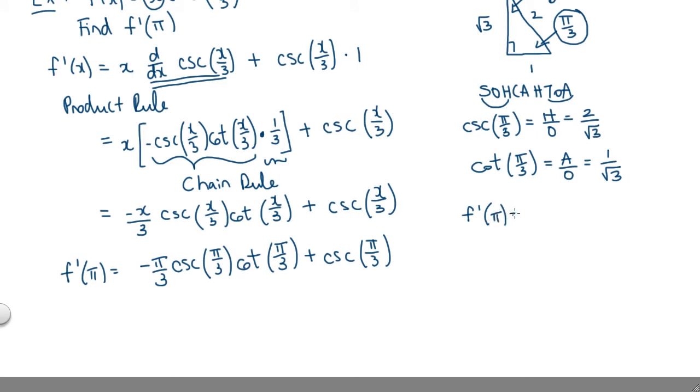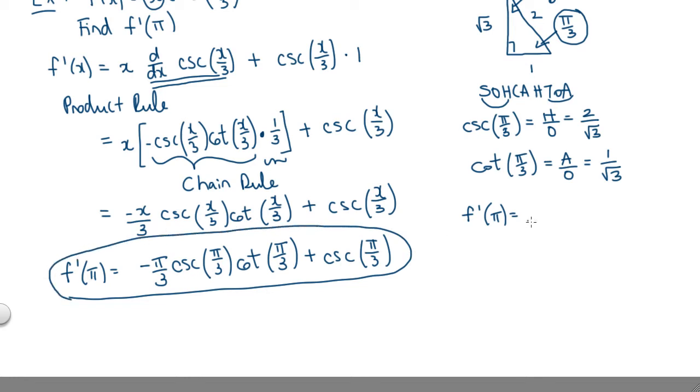What we're doing here is getting f prime of pi, and coming back to this step here, we can plug in. We've got minus pi over 3 times, we said cosecant of pi over 3 was 2 over root 3. Cotangent of pi over 3 was 1 over root 3.